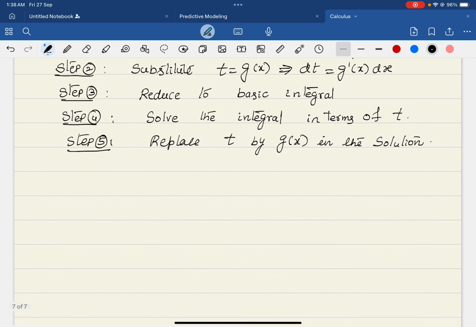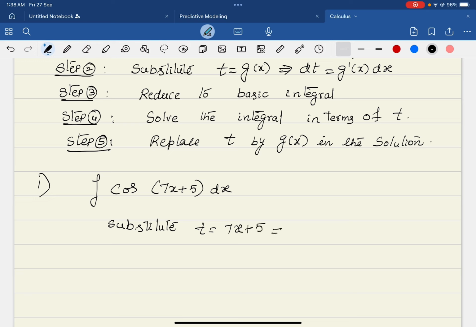Now let us take a problem: evaluate the integral of cosine of 7x plus 5 dx. What we have to do here is take the substitution. Substitute t is equal to 7x plus 5.